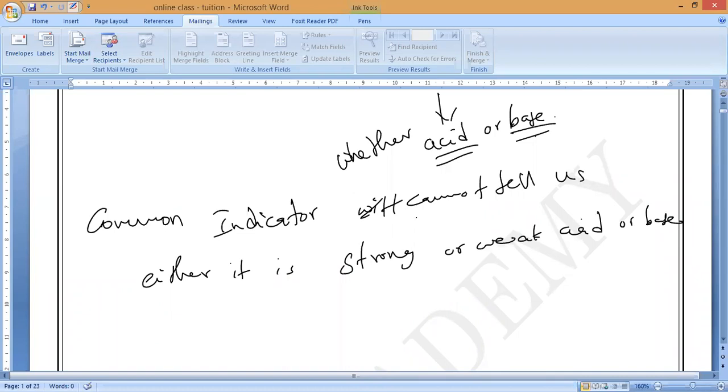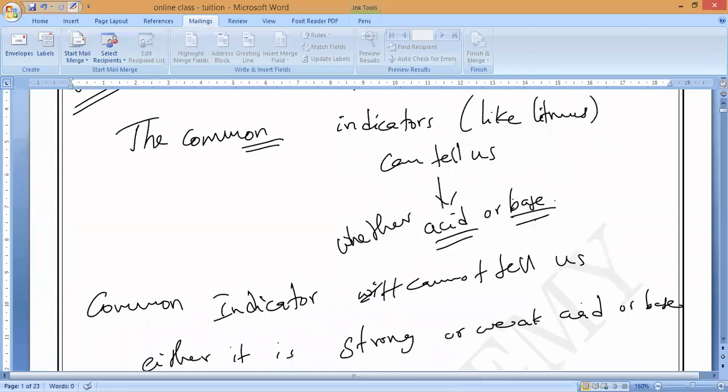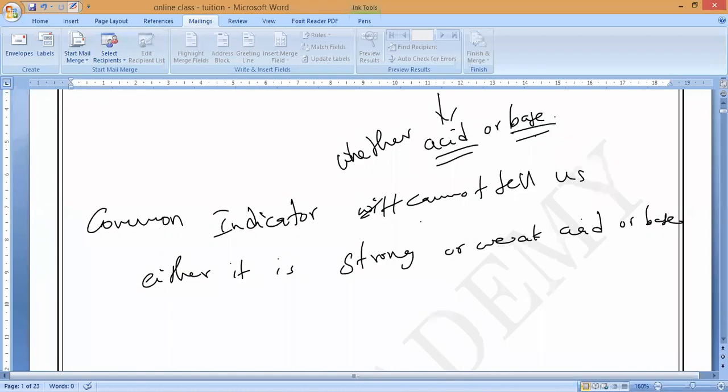So, with the help of common indicators, what can we find? We can only find whether a given substance is an acid or a base. But if you observe very carefully, these common indicators will never tell us whether it is a strong acid or strong base, or a weak acid or weak base.